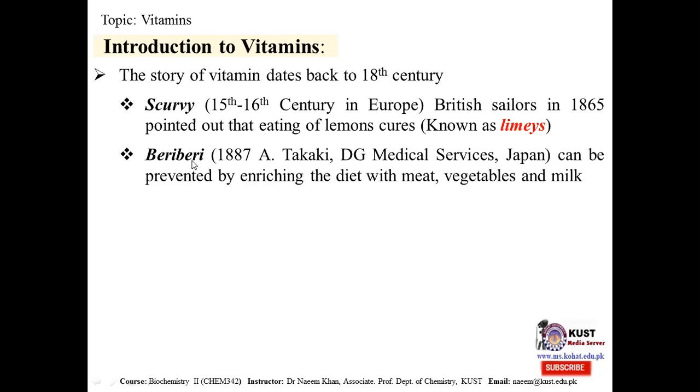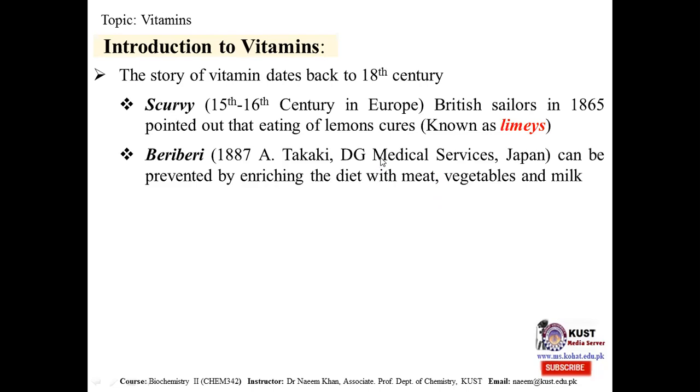Similarly, beriberi is a disease of thiamine vitamin. And about this disease, in 1887, Takaki, Director General Medical Services Japan, said that this can be prevented by enriching the diet with meat, vegetables, and milk. All these are good sources of thiamine.